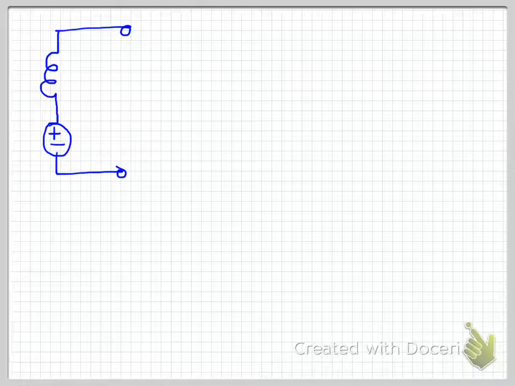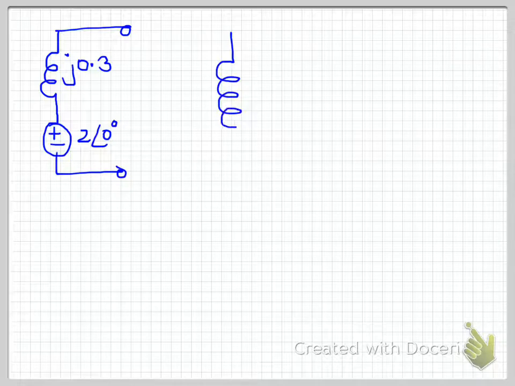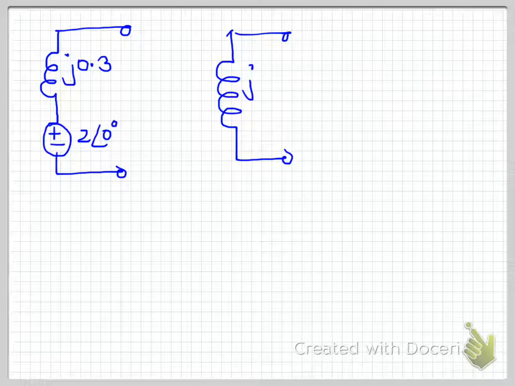So this is your positive sequence network for a generator. Positive sequence reactance in this case is J0.3, and the voltage source is 2 angle 0 in per unit, so we don't need to change anything. And the negative sequence network has a value of J0.4.